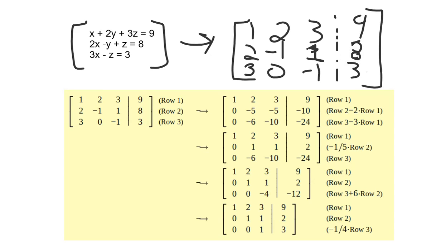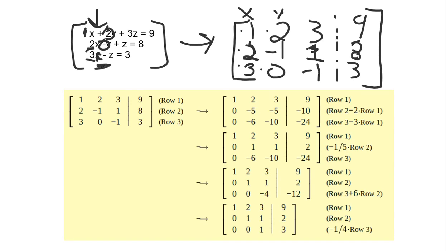Okay, so all we did is take anything that's in my x column and I just took the coefficient. So I have a 1, a 2, and a 3. In my y column, I have a 2, a -1, and a 0.